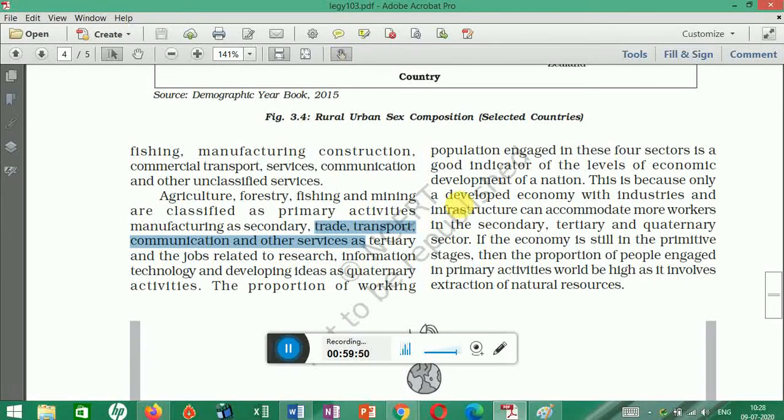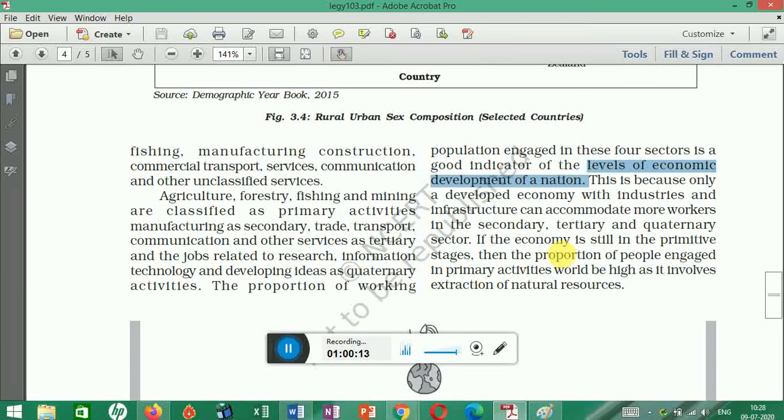And here also, occupational structure is an important indicator of levels of economic development of a nation. See, if there are a higher number of people in the primary sector, the country is less developed.